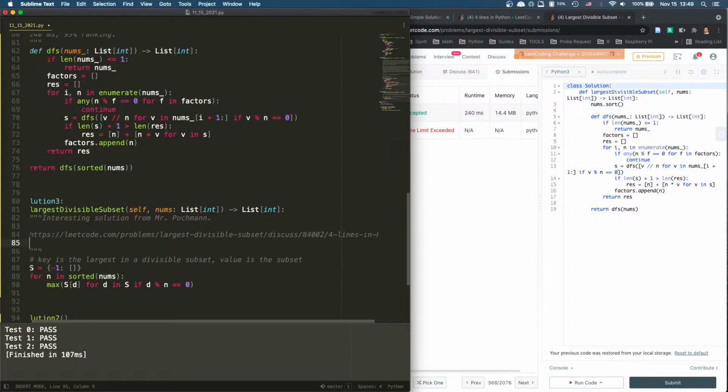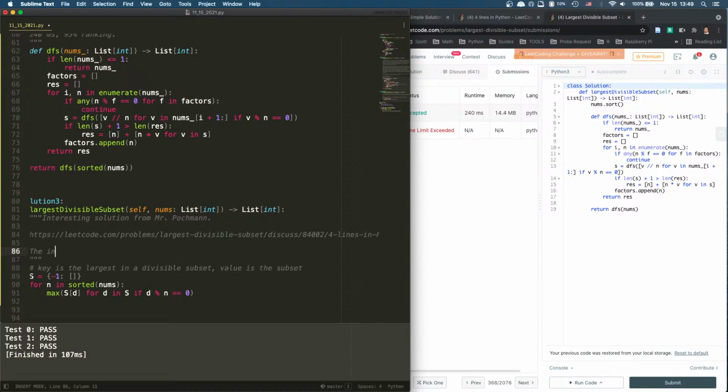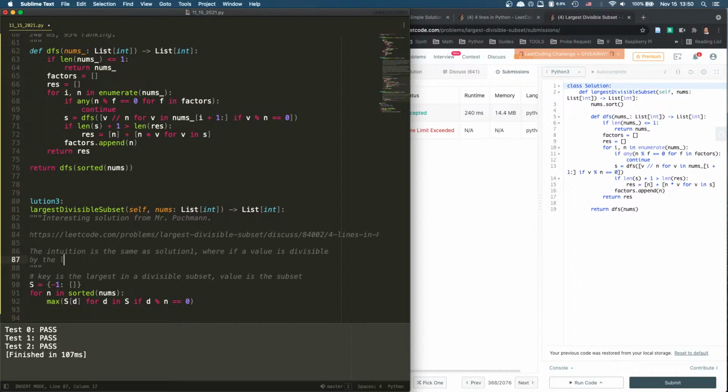The intuition, we actually had this intuition. The intuition is the same as solution 1, where if a value is divisible by the largest of a divisible subset, then the value is also a member.